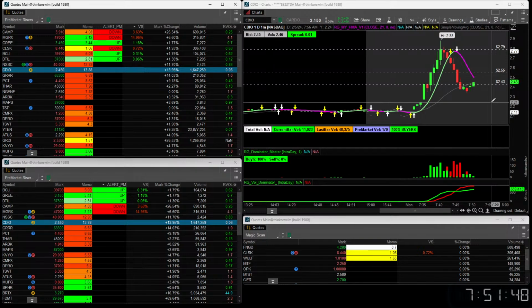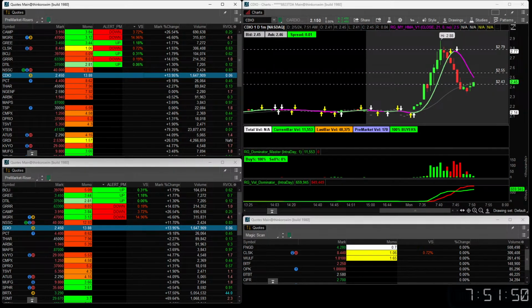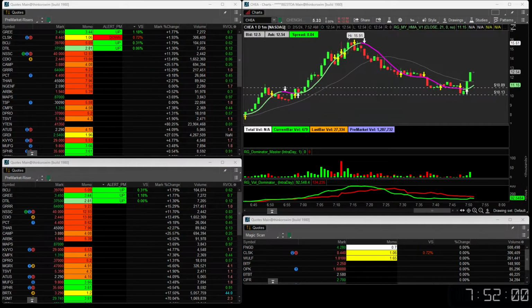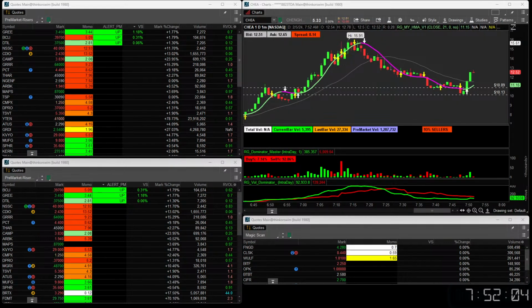Chia moving again. Yeah, and it's looking strong too. It's probably going to run up some more. Let's go ahead and mark the high.